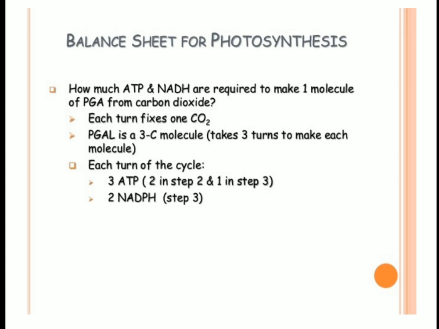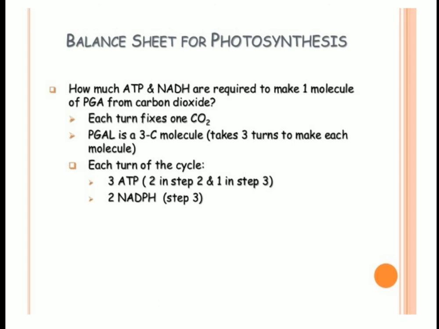So in total, 6 carbon dioxide molecules are added, 18 ATP are added and 12 molecules of NADPH are added. As a result, the outcome is 1 molecule of glucose, 18 ADP converted from ATP, and 12 molecules of NADP returned back. This is the balance sheet of photosynthesis of the C3 pathway.